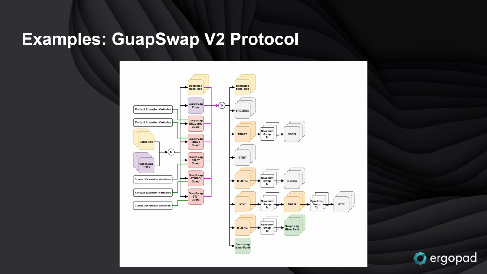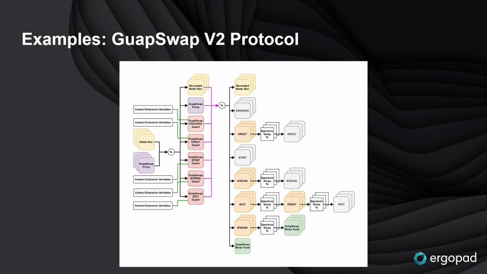So the guard boxes, instead of having all of those in one guard box, we split it up into multiple ones, and each one does a specific task. And this reduces the contract complexity. We use something called Babel fees. We use context extension variables, special boxes, and then that interact with off-chain bots from Spectrum. And so there's a lot going on.